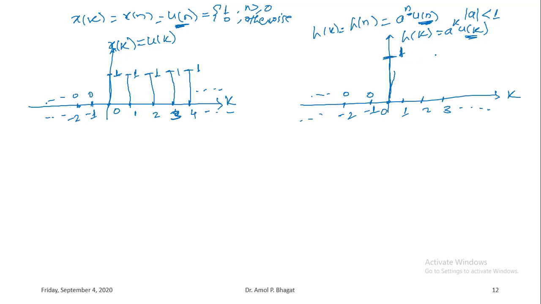For k equal to 1, it will be a to the power 1 u of 1. u of 1 is 1, and a to the power 1 will obviously be less than 1, because the condition is given that a is less than 1. If you take a value of 0.9, it will be less than 1. Similarly, a square will be less than a, and a cube will be less than a square, and so on. So this is nothing but your h of k.